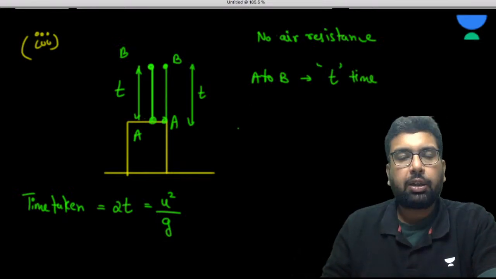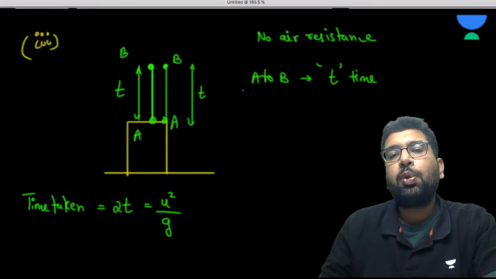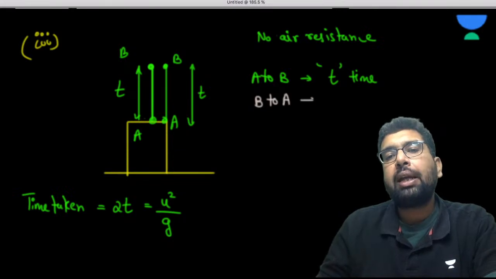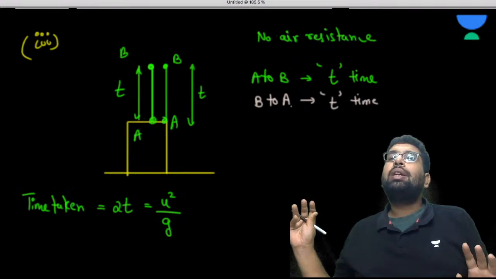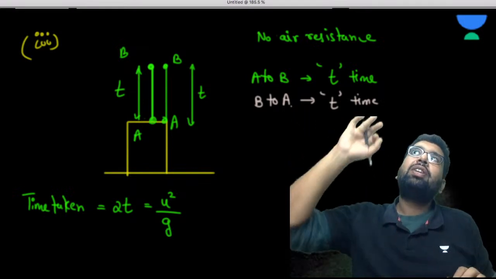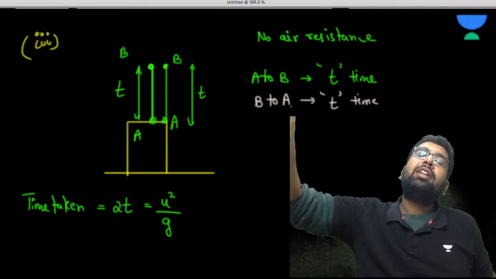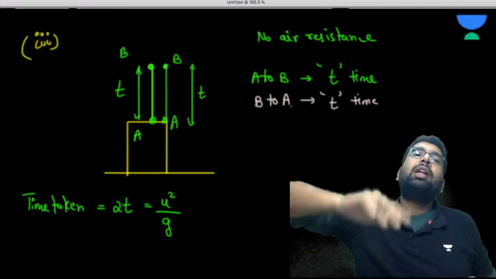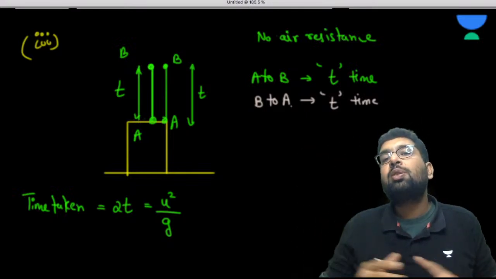Coming back from B to A, it is again going to take the same time. From the initial position, when you are throwing something under a given acceleration and it reaches some point, now from that final point, if it is to reach the initial point, it is going to take the same time. Law of conservation of energy says so.